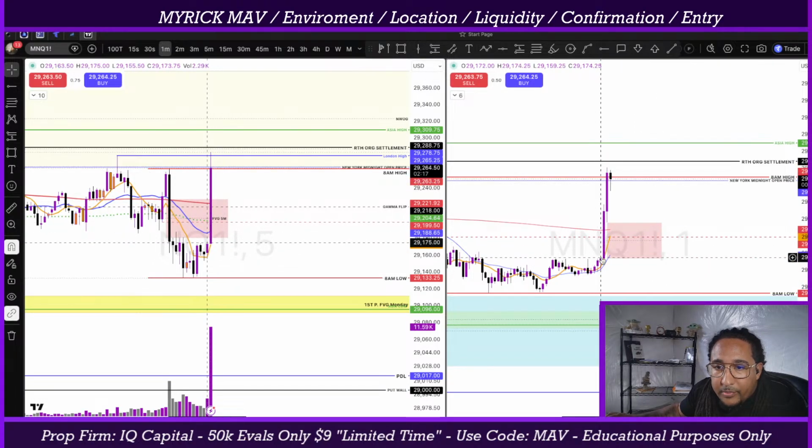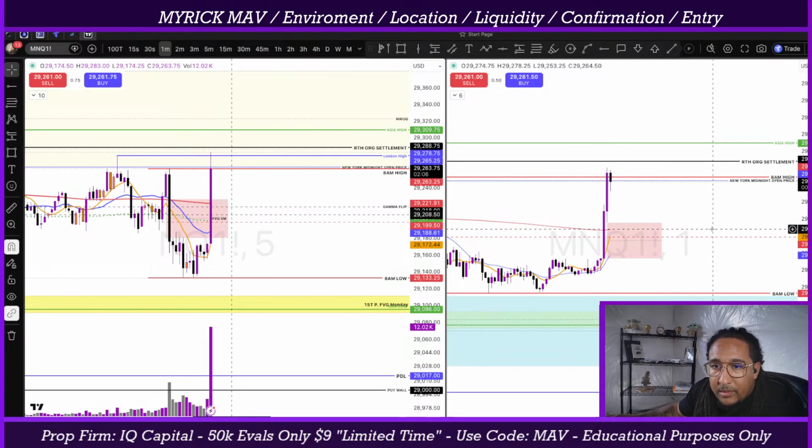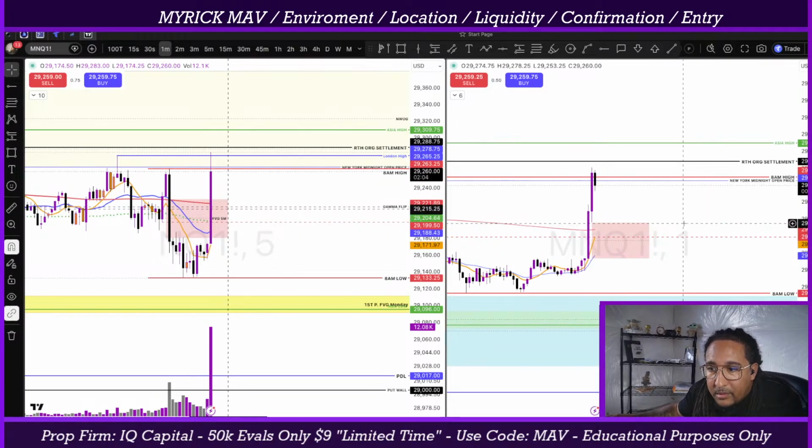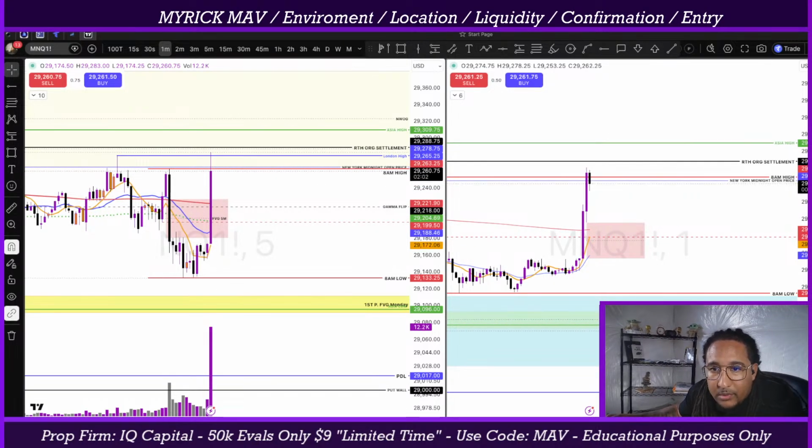That'll be our first presented. Well, not quite. This will be our first presented after this candle closure here. So now we're looking for some rejection and possible entry to get to the downside to those 8 a.m. lows.